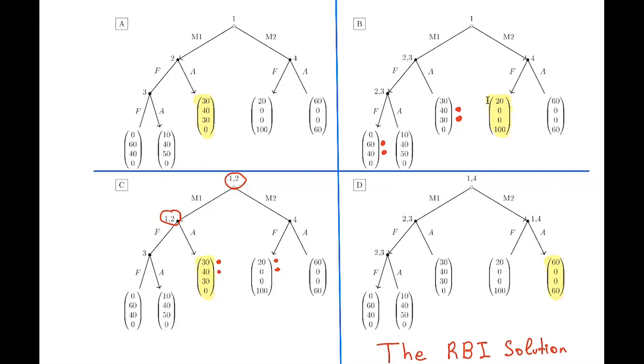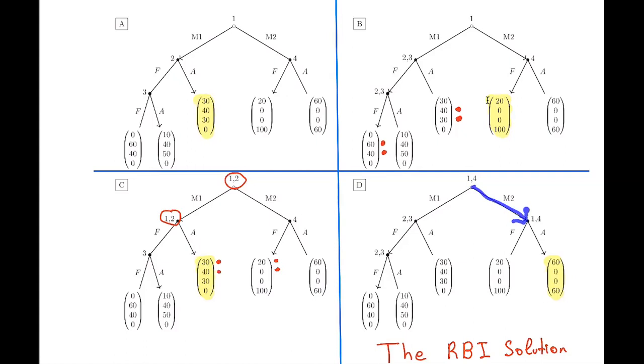However, moving on to step D, notice that player 4 can anticipate this possible cooperation between player 1 and 2. Player 4 anticipates this cooperation and would actually offer player 1 to cooperate.